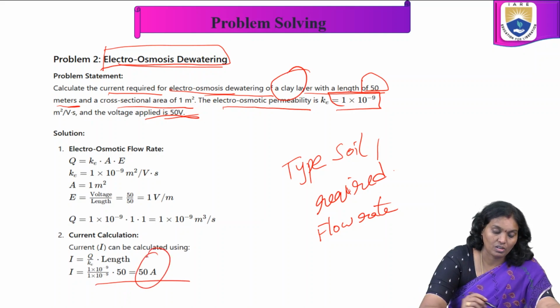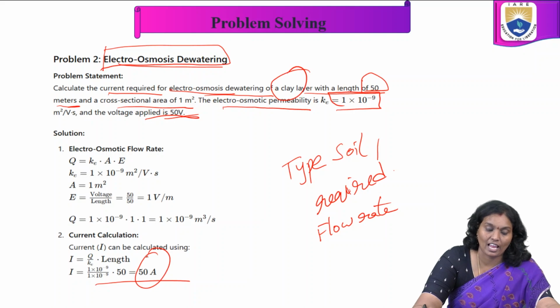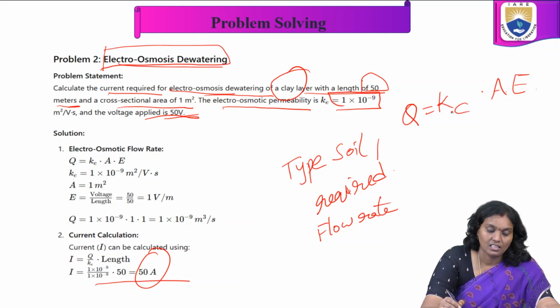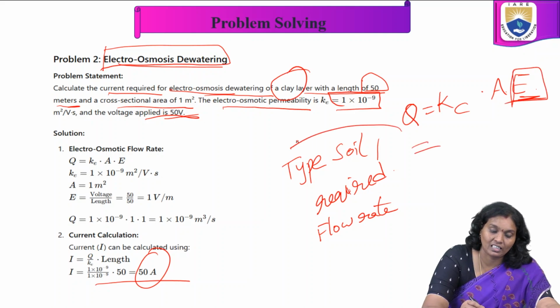Like that we are going to understand the calculations. Discharge is equal to the electro-osmotic permeability times the area, times the voltage per length. So now it is for the electrical current.